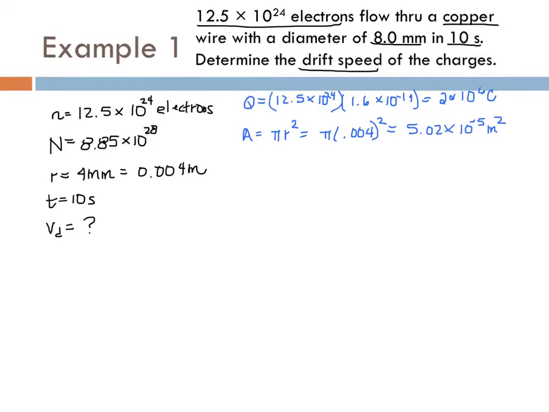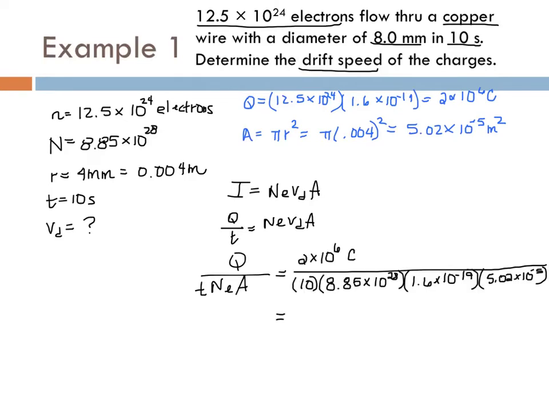So we can use the equation I equals nEvA, and we can replace our current with our charge per unit of time. So a little algebra, and plugging in all of our numbers, we should get a velocity of 0.29 meters per second.